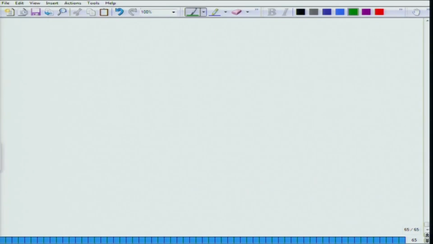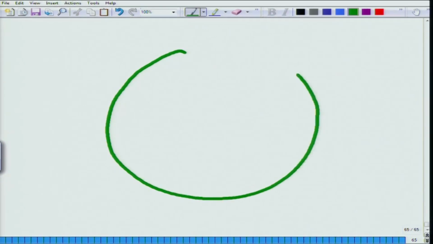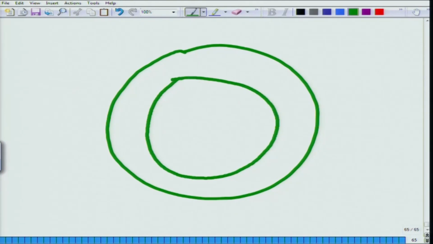Okay. So, one such example of carrier transport antibiotics is something like this. This is one such carrier transport antibiotic which has a hydrocarbon periphery, and within the hydrocarbon periphery it has something like this.